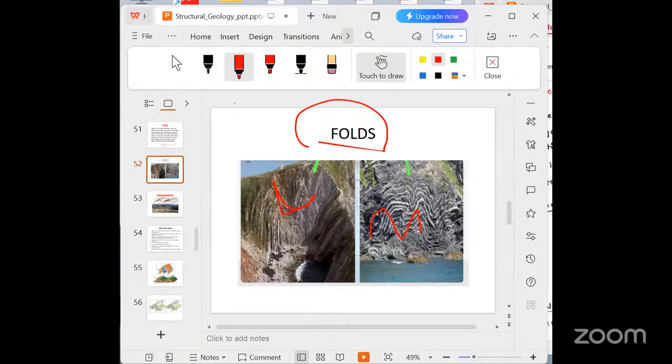So the folds in rocks are like folds in clothing, right?